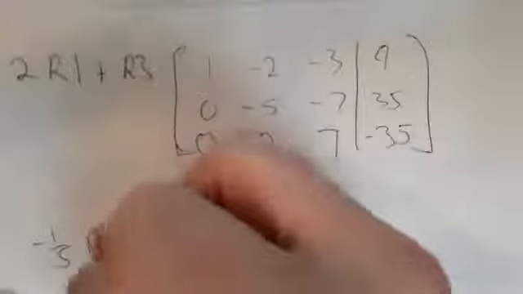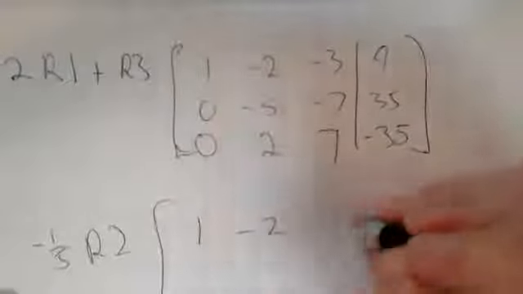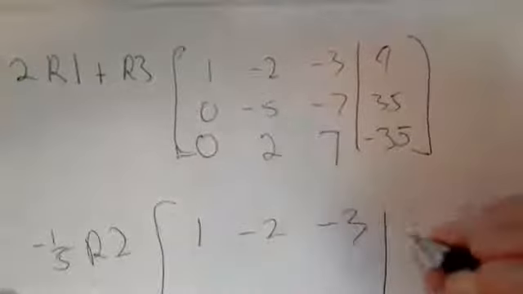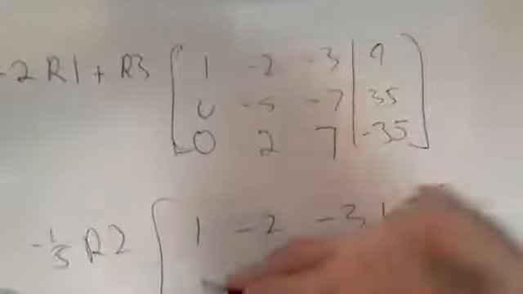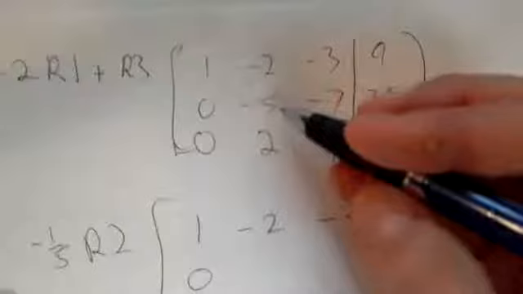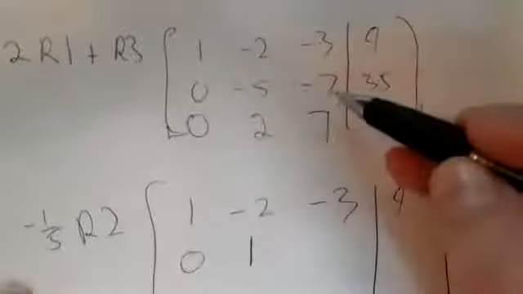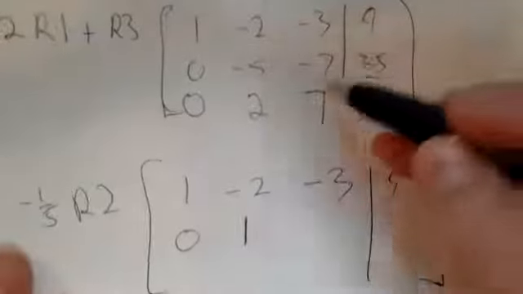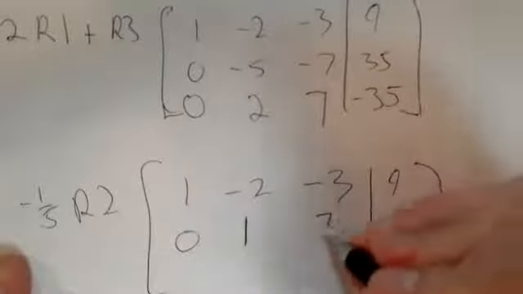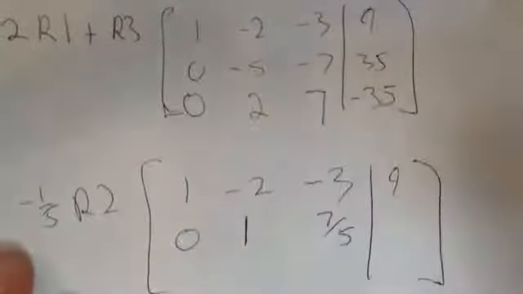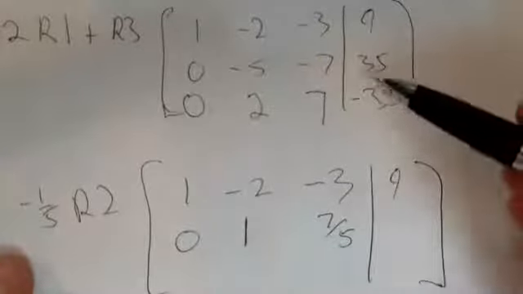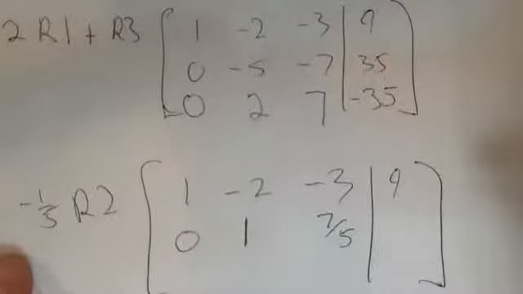So minus 1/5, and I have to multiply that by row 2. So everything else, row 1 and row 3, are going to stay the same. This thing is going to get multiplied by negative 1/5. So minus 1/5, this is going to give me the positive 1. Minus 1/5 by 7, this is like 7 over 1. So this is going to give me positive 7/5. 35, I'm going to divide that by minus 5.